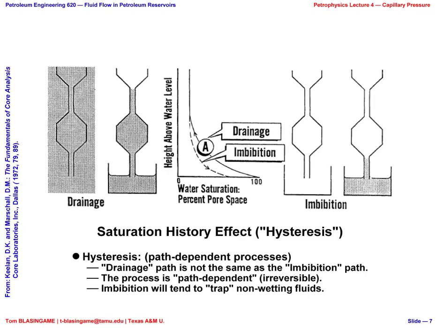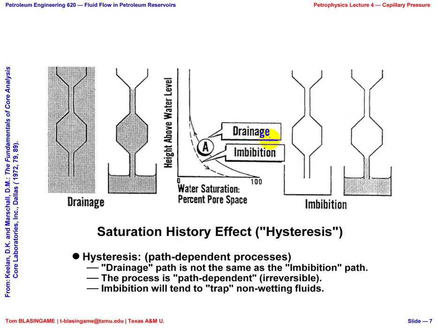And so the word hysteresis means path dependent, okay? So when we drain the system, and it looks sort of like an hourglass, the drainage system looks like this. But when we refill the system, it starts at the bottom and goes up. So it's a completely different path.